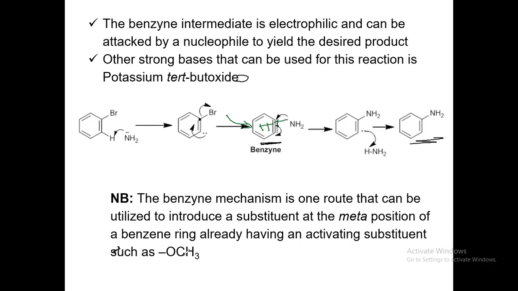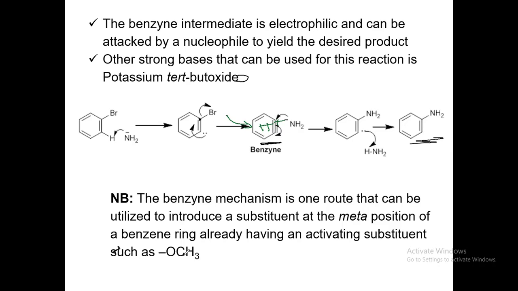When you have an activating group on a benzene ring, the activating group will direct the incoming substituent to the ortho or para direction. But if you desire to put the substituent at the meta position, then you have to use the benzyne mechanism. It is one of the routes.